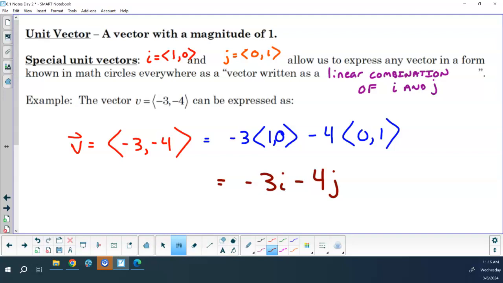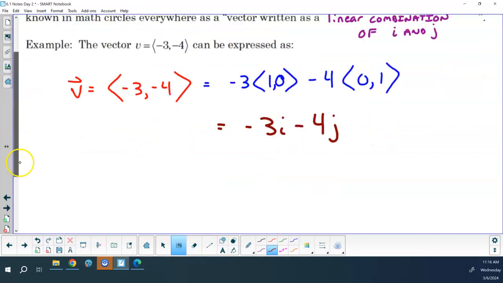It's just another way of writing it. So if you had another, give me another random vector. 1, 2. Okay.